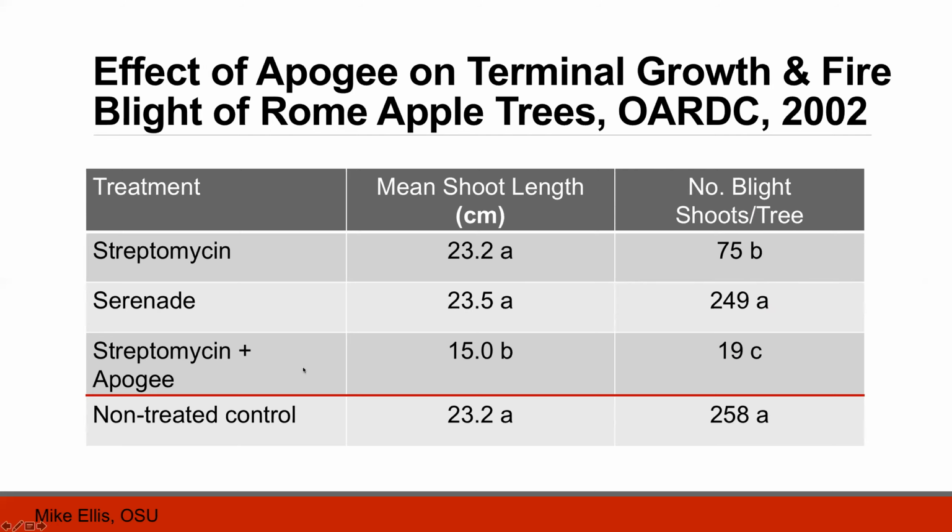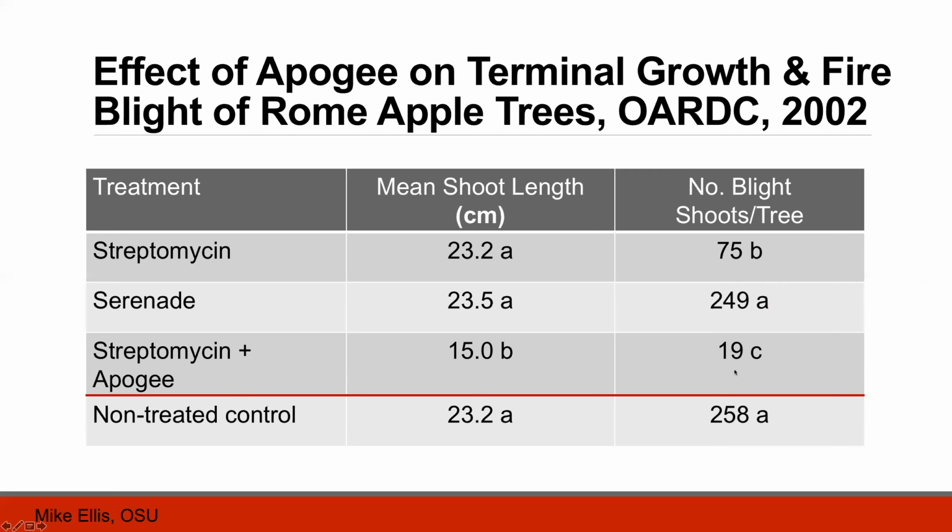And if you're interested in learning more about this study, it was published as a plant disease management report by APS in 2002. So if we look at streptomycin and Apogee, you can see that the mean shoot length was significantly reduced compared to streptomycin alone, to Serenade, as well as to the non-treated control.